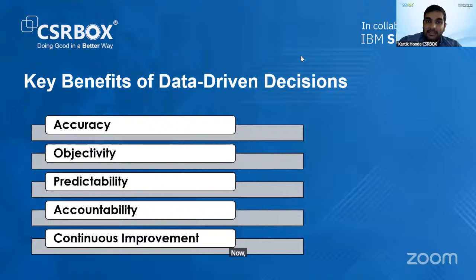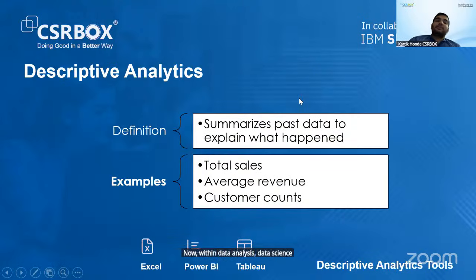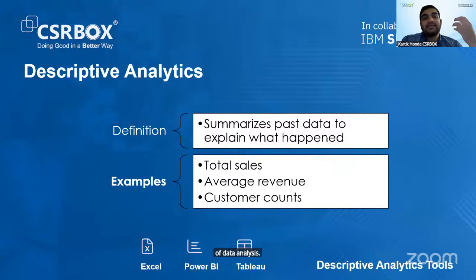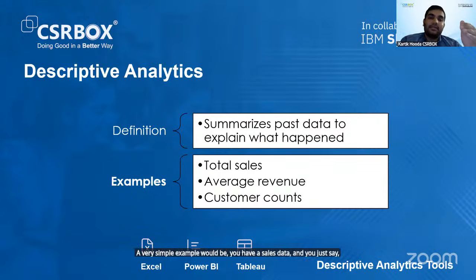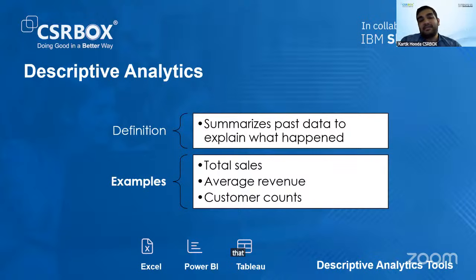Now within data analysis and data science, there are also different types of data analysis, starting with descriptive. Descriptive analysis is very basic, as the word suggests. Descriptive comes from describing. The main goal here is to summarize what has happened in the past. A very simple example would be you have sales data and you just say that we sold 10,000 products.